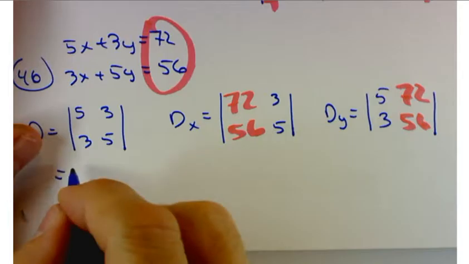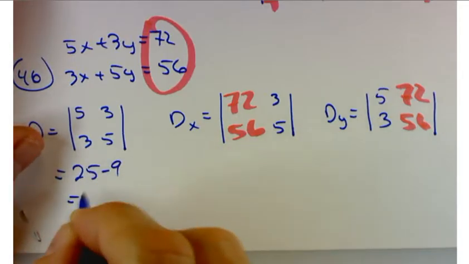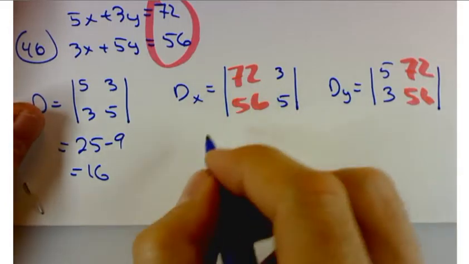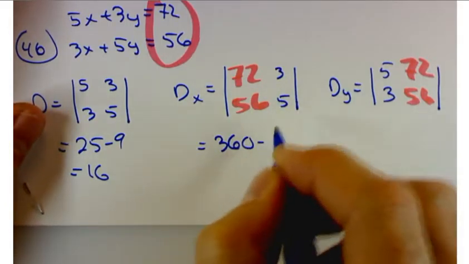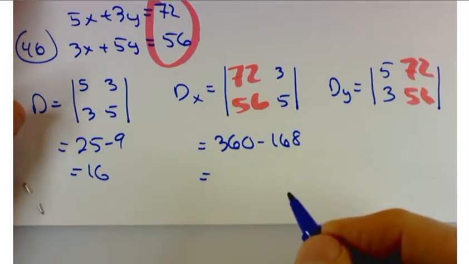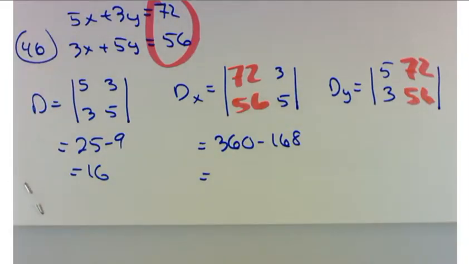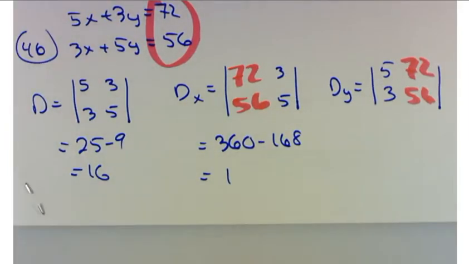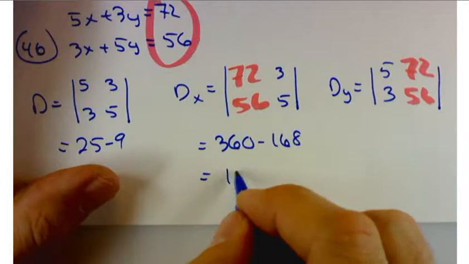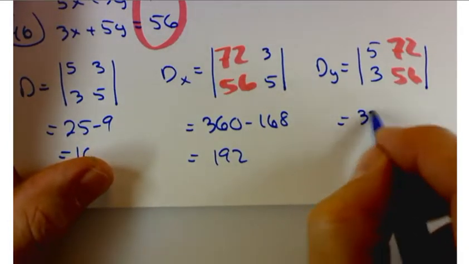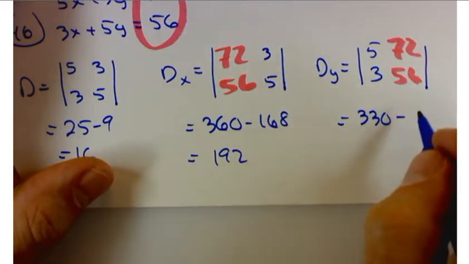Here we get 25 minus 9, which would be 16. Product going down here is 360 minus a product going up, which is 168. 192. And then product going down is 330 minus product going up, which is 216.